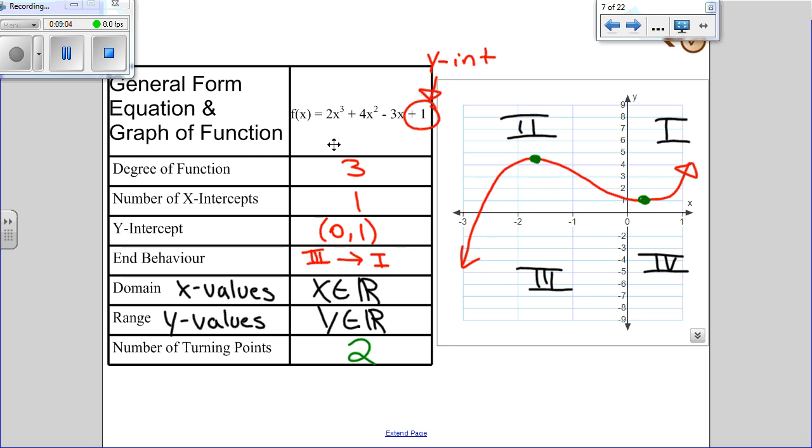But there is a vertex if you look just in this area of the graph. That's what we call a relative vertex or a relative maximum. So this thing has a relative maximum right there. And it also has a relative minimum right there.